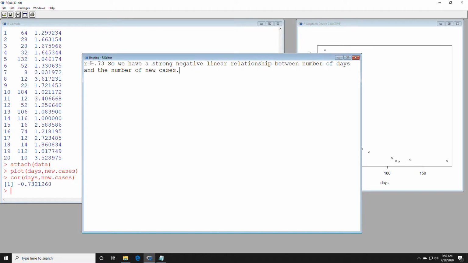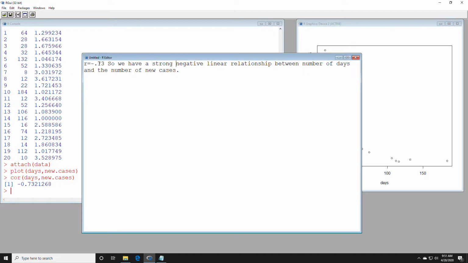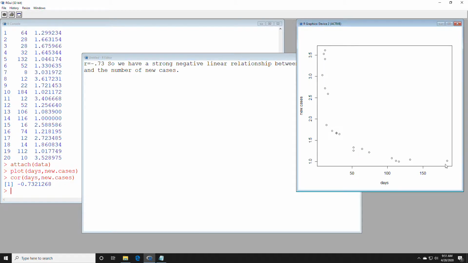And of course, correlation is specifically relating the linear relationship, so basically a straight line relationship. Okay, so we can see it's actually still fairly strong, even though we can clearly see that there's a quadratic relationship going on here. So the correlation is negative and fairly strong, but that doesn't necessarily mean that the linear relationship is the correct one.